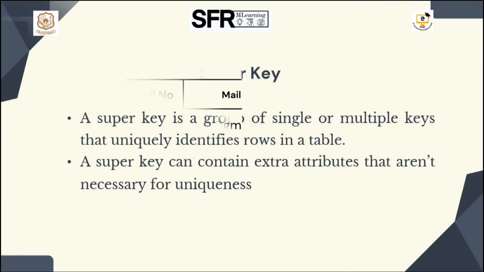Next one is a super key. The set of one or more attributes that can uniquely identify a tuple is known as a super key. It may include extra attributes that aren't important for uniqueness but still uniquely identify the row. A super key is a group of single or multiple keys that uniquely identifies rows in a table.